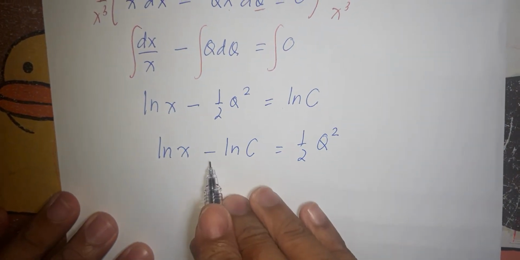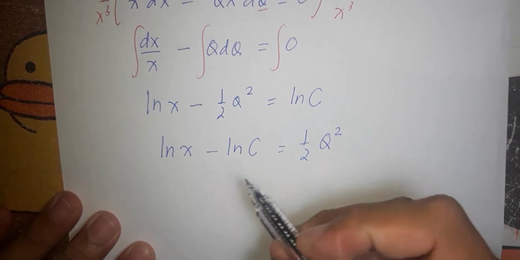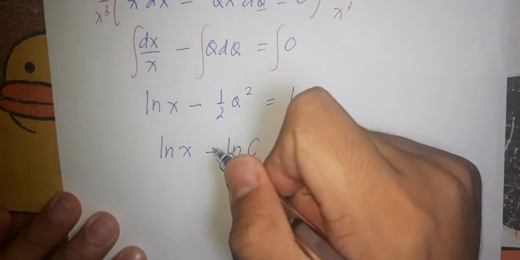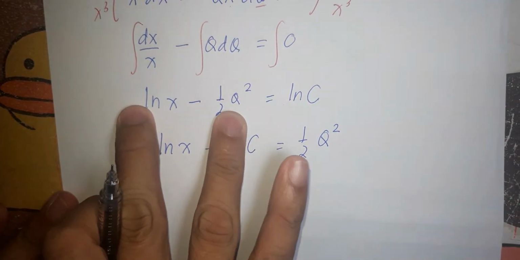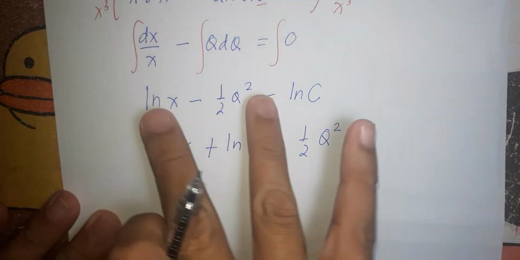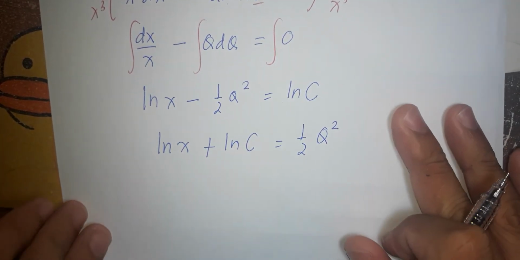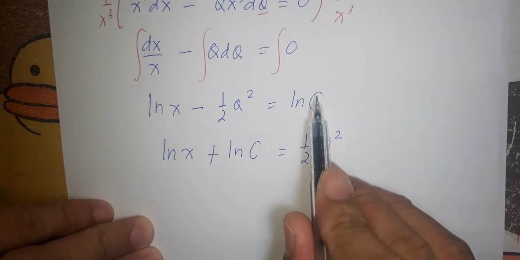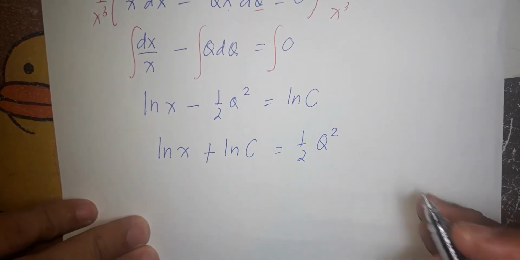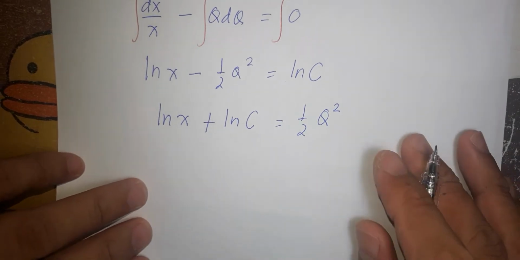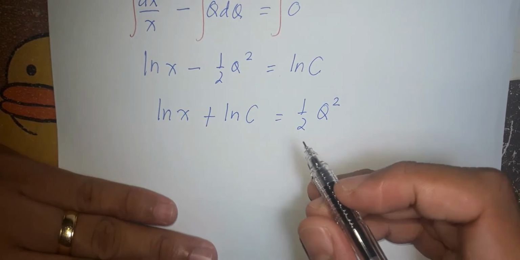Negative ln c and positive ln c is still a constant. So, instead of writing negative, we can also make it positive, or we can also add a positive c or positive ln c here. When you transpose ln c, irrespective of the sign, it is still a constant. So it can be positive, it can be negative.